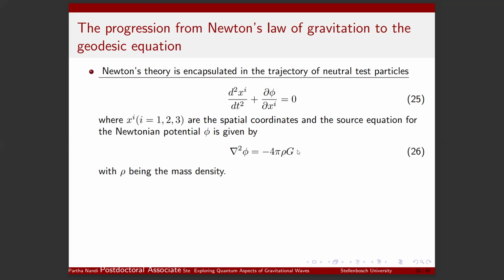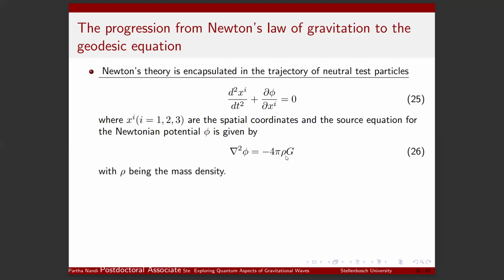This is nothing but the standard Poisson equation, where rho is the source, the mass density, and G is the gravitational constant. Those who are familiar with electrostatics can recognize that this is nothing but the Poisson equation for the electrostatic case, where the charge distribution is replaced by the mass density. So this is the standard theory of Newtonian gravity.